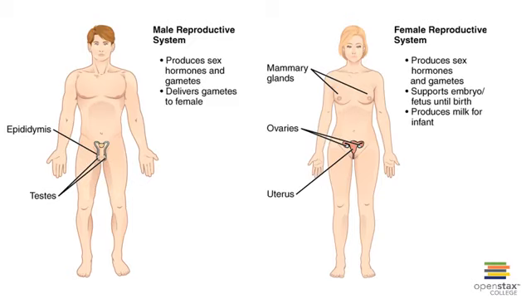We have both the male and female reproductive system, which is composed of ovaries, the uterus, vagina, and mammary glands in the female, and in the male, you have the testes, scrotum, prostate gland, seminal vesicles, and penis. The reproductive system is involved in the production of sperm and egg, as well as the secretion of sex hormones and copulation.